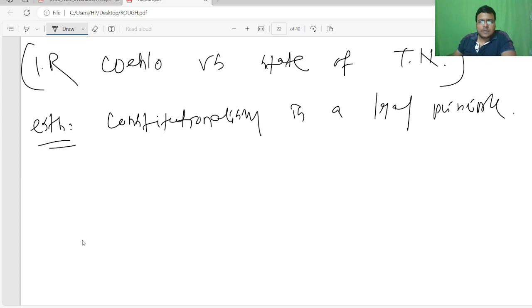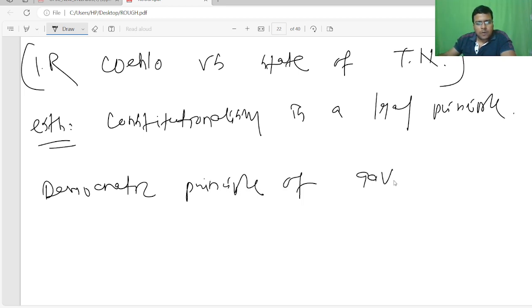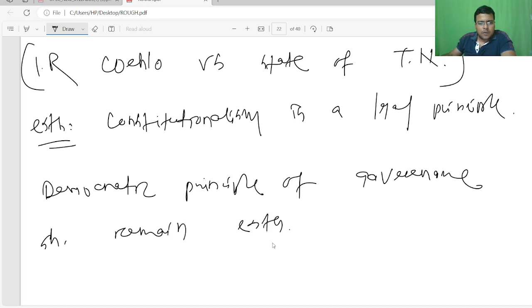And it said that the democratic principle of governance should remain established.